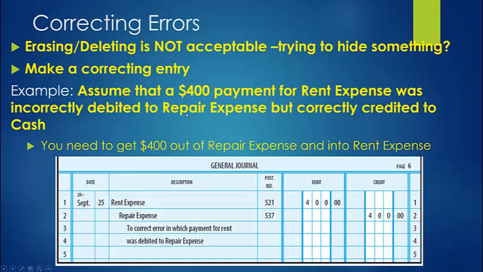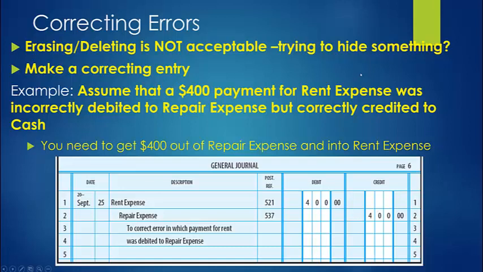We know the cash credit was okay, so we don't have to do anything with the cash account, but we've got to get that $400 debit out of the repair expense. To do that, we're going to credit repair expense for $400. The repair expense debit that was an error and the $400 repair expense credit offset one another, and the balance in repair expense goes back to what it should have been.